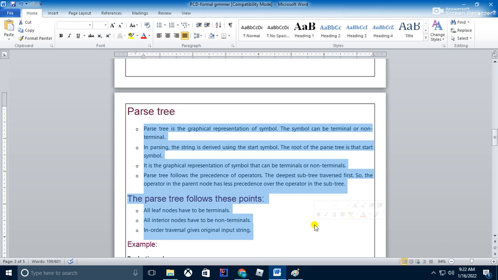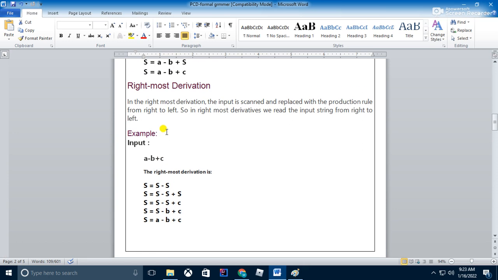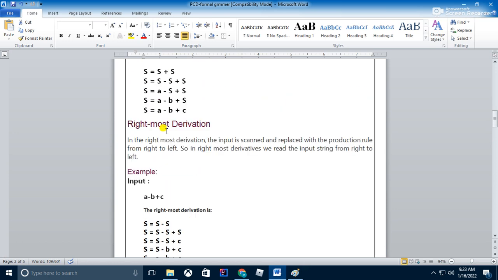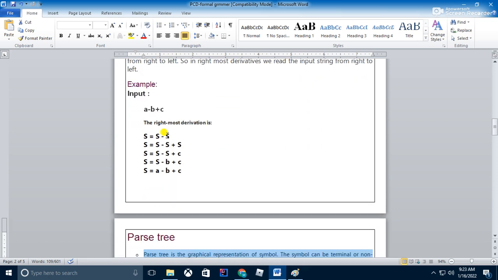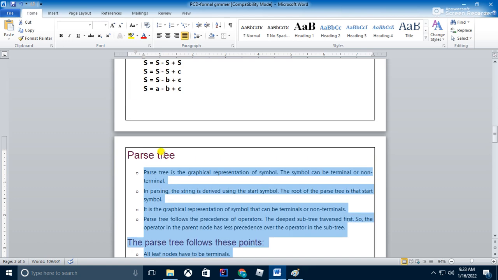So in this video we have discussed the order of derivation, rightmost and leftmost, and then we have discussed the parse tree. In the next video we are going to discuss some examples based on the parse tree, how to draw the parse tree for a given set of production rules. Thank you.